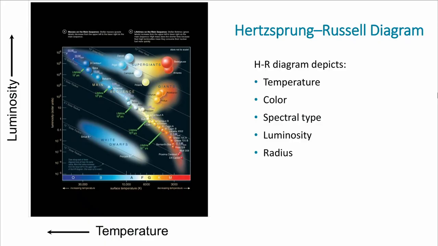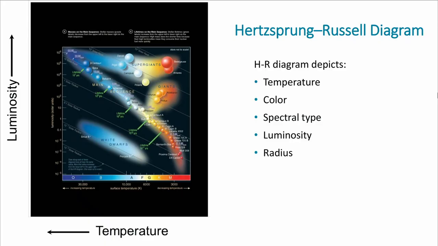And also I talked about the stars that are up and to the right of the main sequence have a larger radius. And so that is also something that you can gather from the HR diagram. So this graph is very dense.